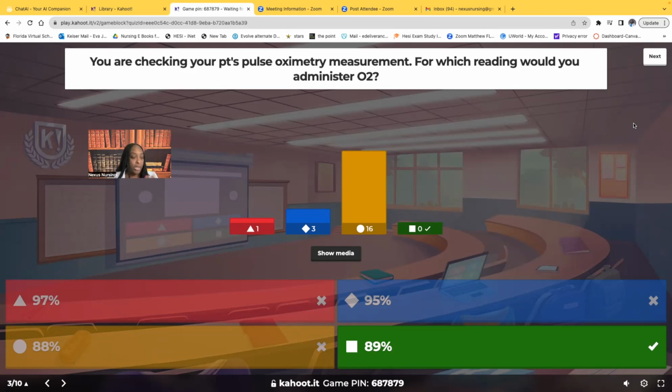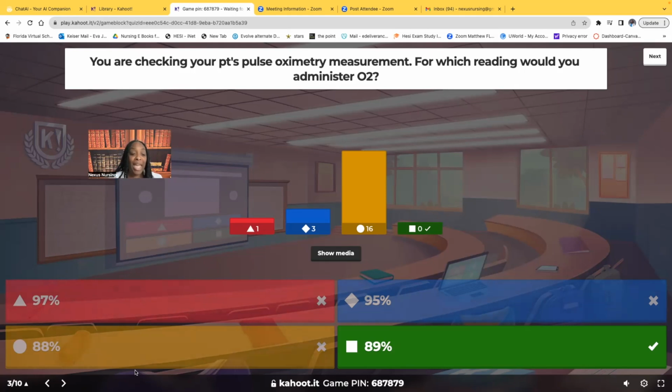So let's go through these because I want to make sure you guys understand this. 97% wouldn't be the answer. We don't need to give them oxygen at 97 because remember, 95 to 100 is normal. We don't need to give them oxygen at 95 because 95% to 100 is normal. Remember, I told you once that patient hits 91 or lower, they are now in respiratory distress.